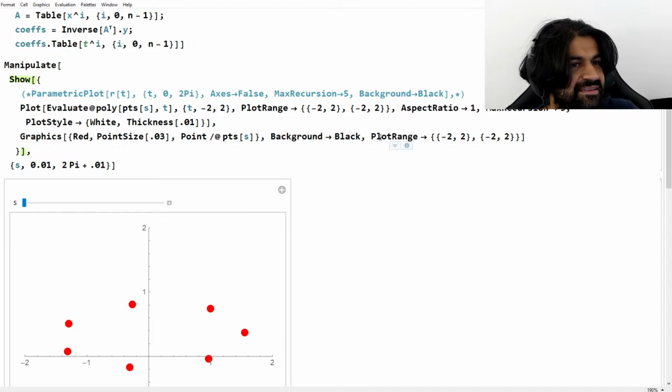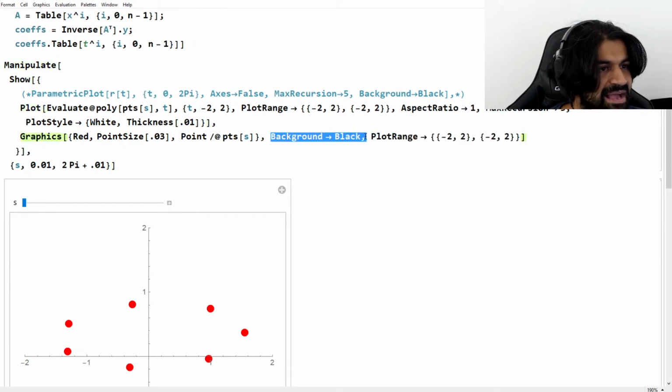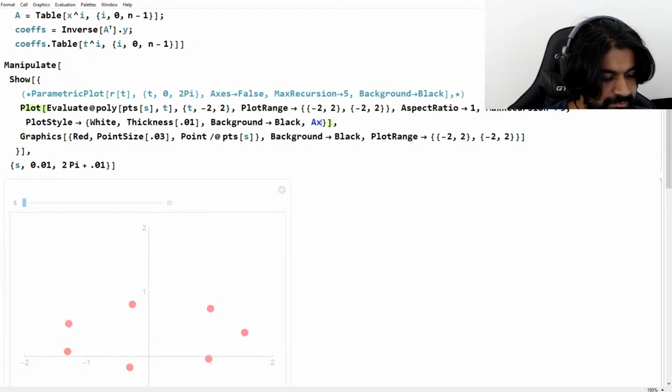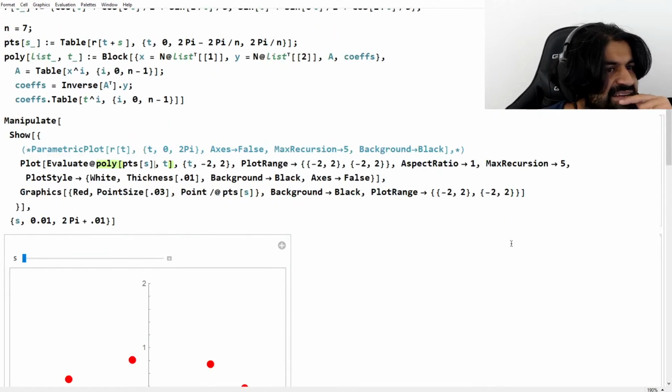Plot it in white. Hold up, I need to set up a black background for this one and no axes. Hold on, it's not showing up. Why is it unhappy with me?